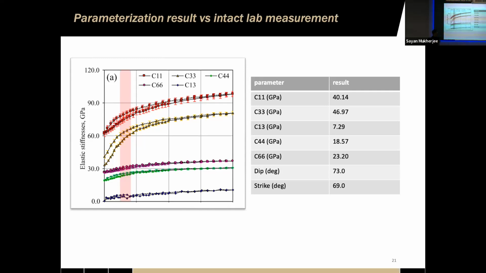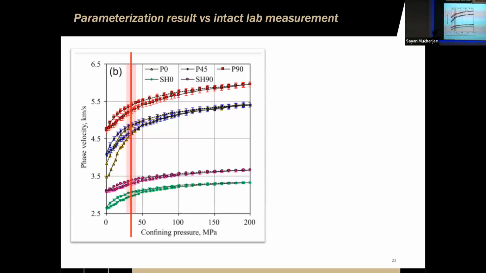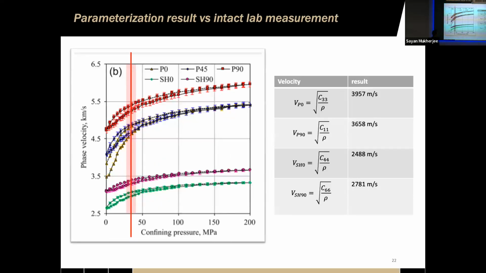So the inversion can retrieve this dipping angle successfully. In terms of velocity, we can read the numbers from here and compare them to the inversion result.